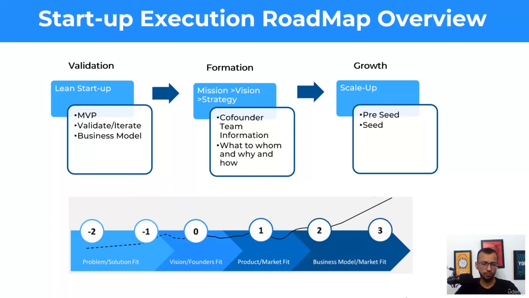And then you always look for incorporation, and then you try to find a product market fit. We will understand how you define product market fit. And then from product market fit, you will try to go into business model or market fit or fundraising or growth stage. That's the overall roadmap you can follow.